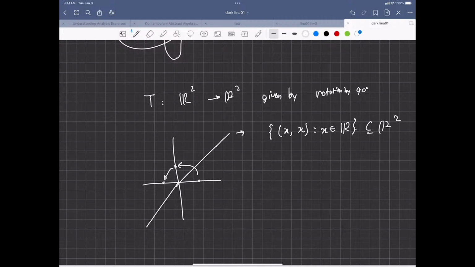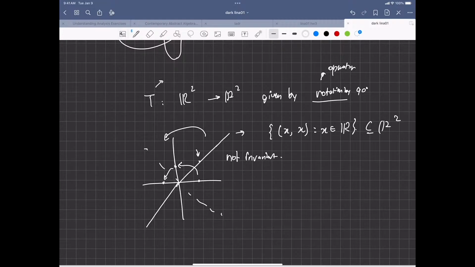If we rotate this line by 90 degrees, it is not invariant. Why is that so? This rotation is a linear operator, but if we take this vector and rotate it by 90 degrees, it doesn't lie on the line anymore. So that won't be invariant.